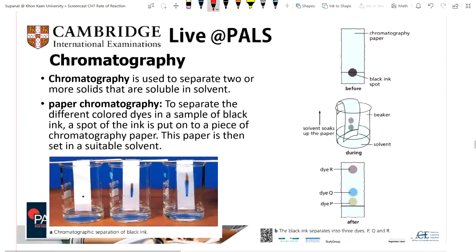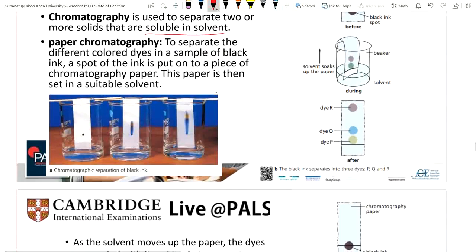Another method is chromatography. What is chromatography? Chromatography is used to separate two or more solids that are soluble in solvents. Paper chromatography we use to separate the different colored dyes in a sample of black ink.